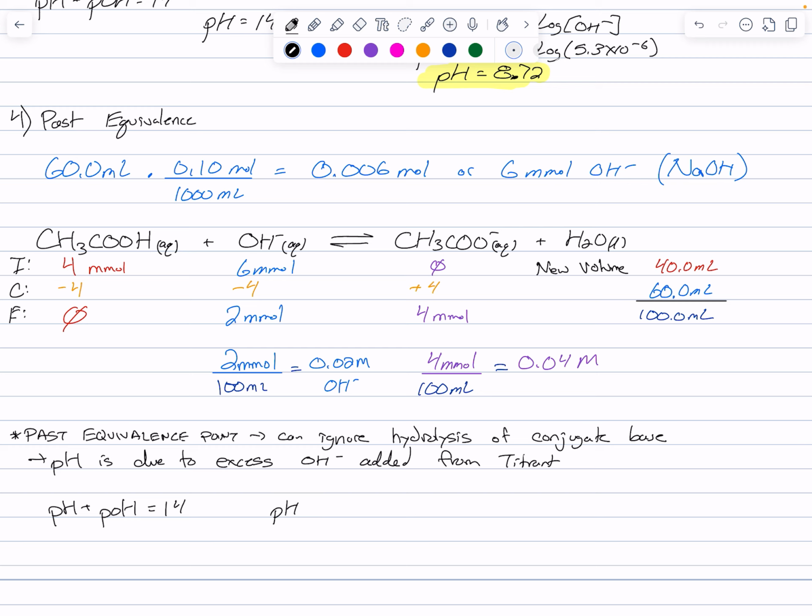So the pH is 14 minus the pOH. That means the pH is 14 minus negative log of our hydroxide concentration. So the pH is 14 plus the log of 0.02. Means the pH, I'm getting 12.3.